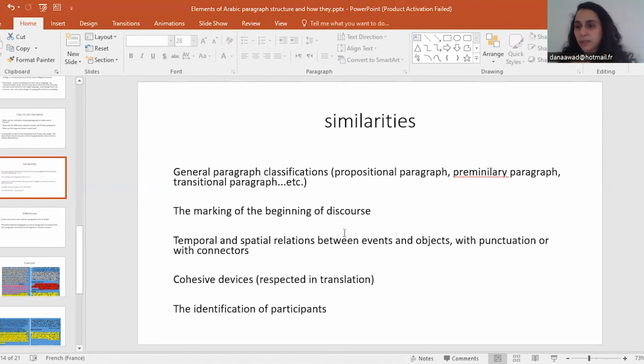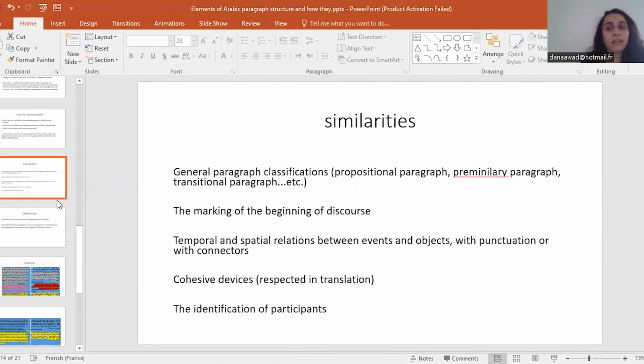There are differences, as cohesive devices can be different if we are not translating, but they are mostly respected in translation.